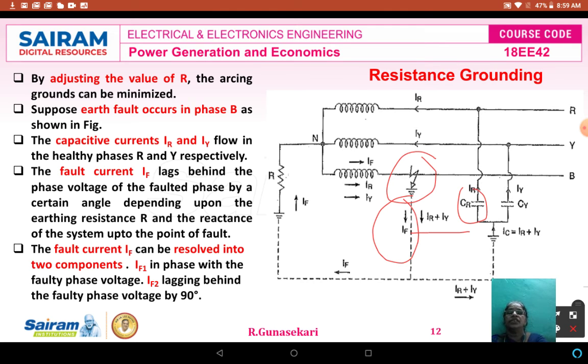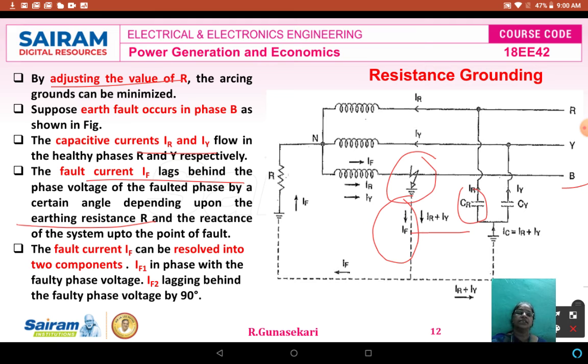Based on the adjusted value of R, the arcing ground or high voltage can be minimized. The earth fault is in the B phase only. The capacitive current IF is nothing but the vector sum of IR and IY. The fault current IF lags behind the phase voltage of the faulted phase by a certain angle depending upon the value of earth resistance R.